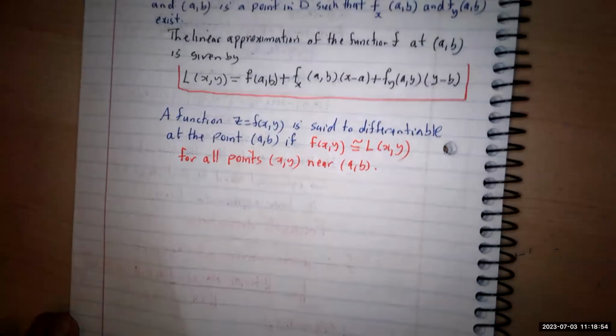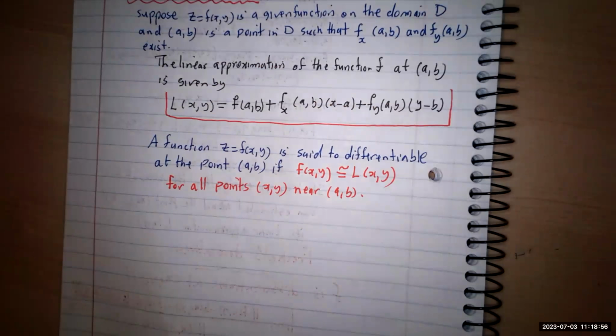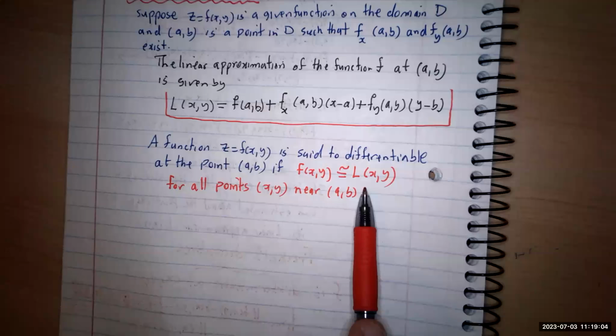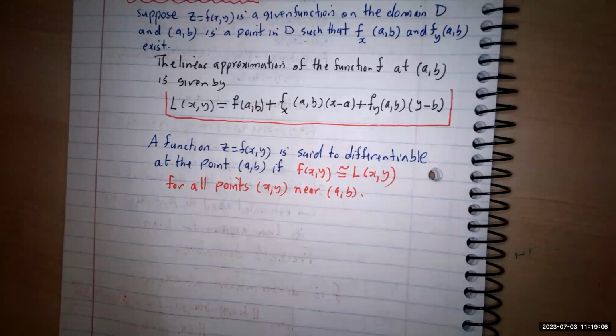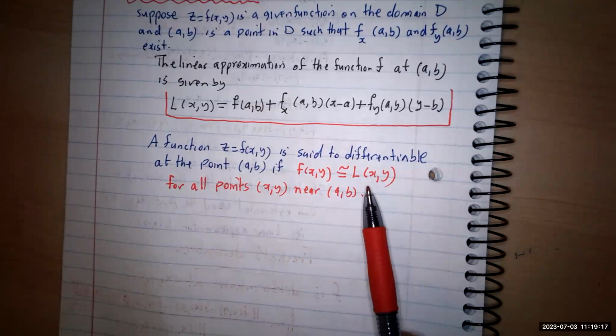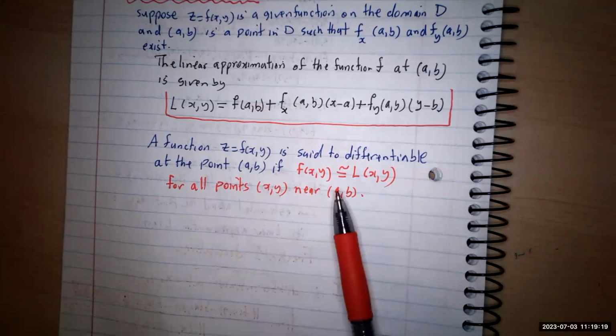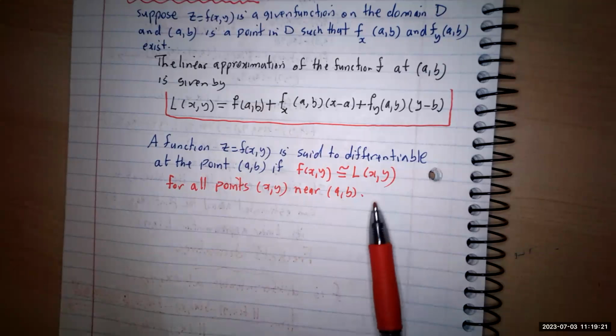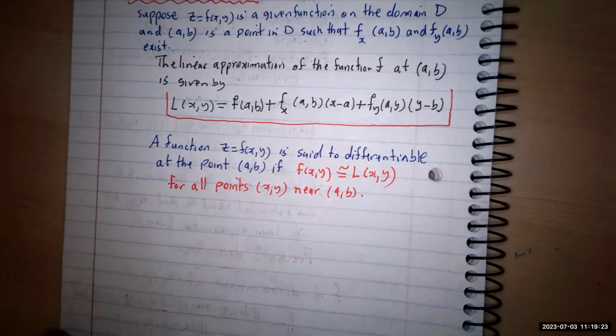I just picked this as the definition of differentiability. So we say that f is differentiable if we can prove this. In the case of the function of one variable, f was differentiable, and we proved the value of the function can be approximated by the value of the tangent line. Over here, we take this as the definition of differentiability.